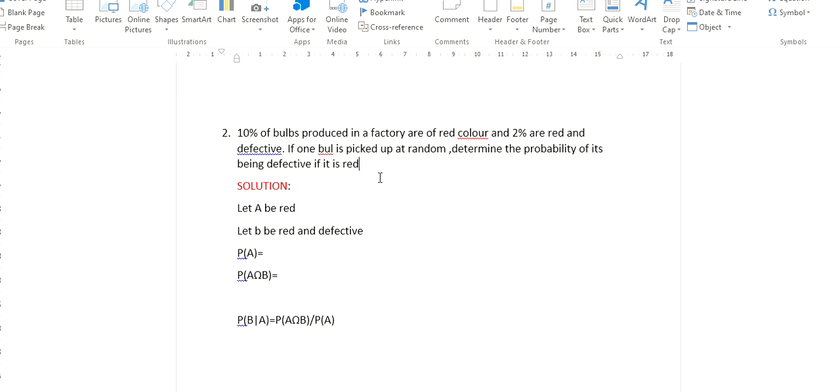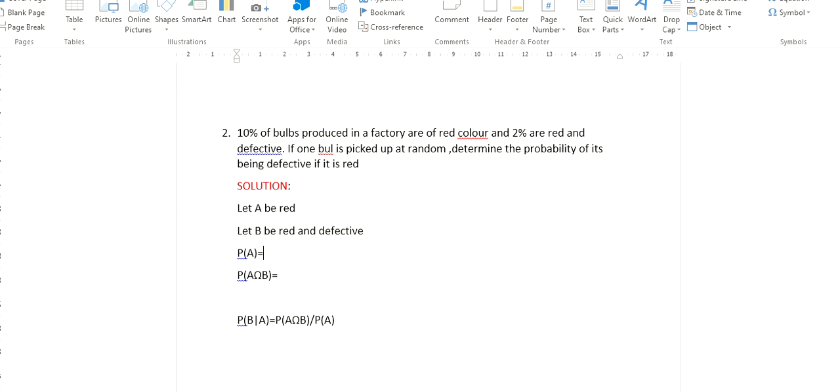Out of that, 10% are red and 2% are red and defective. What is the probability that if I pick red, it should be defective? Let A be red, and B be red as well as defective. So what is the probability of A?